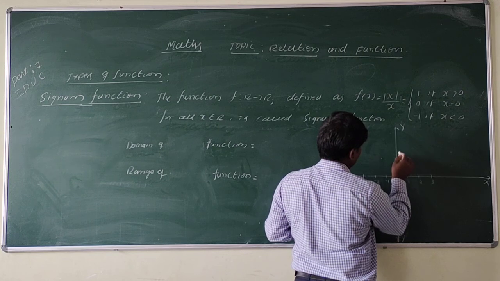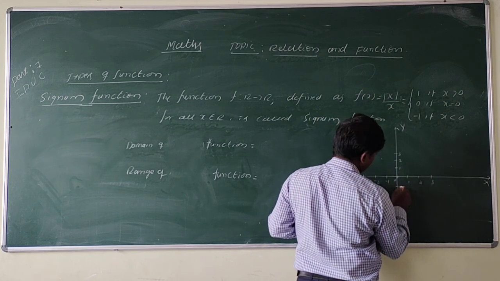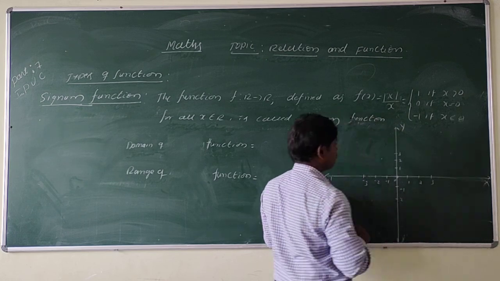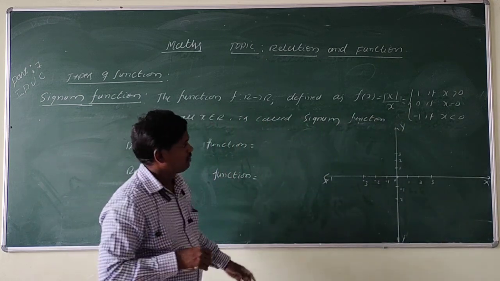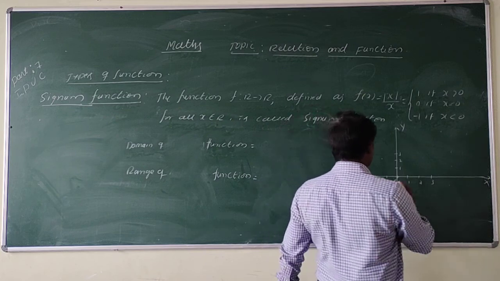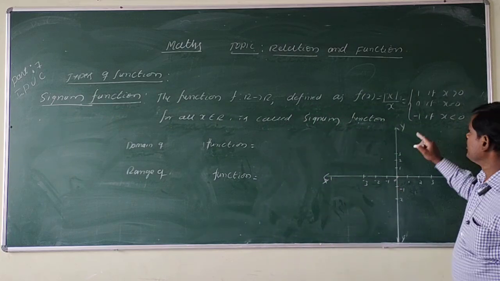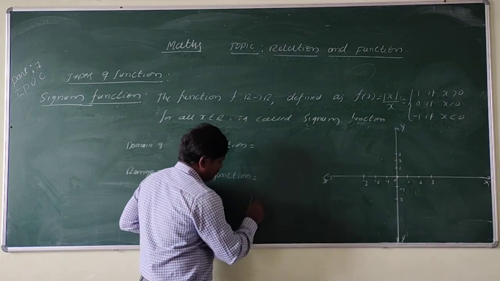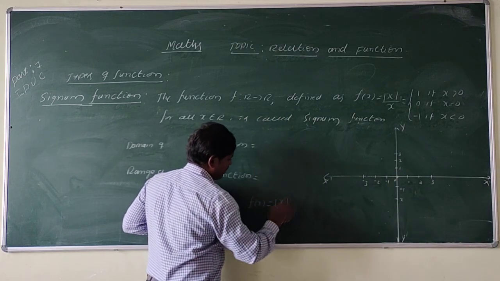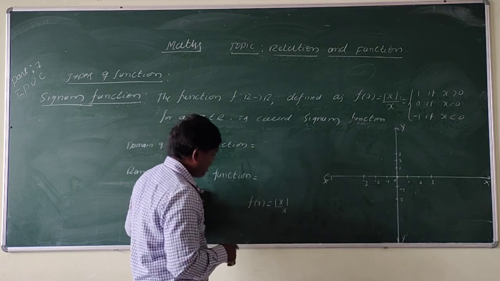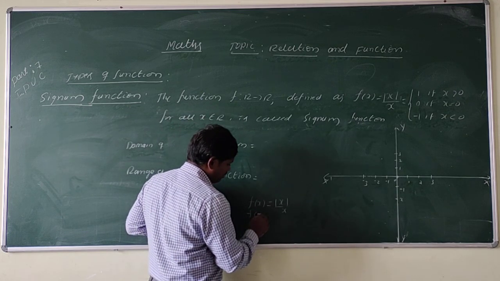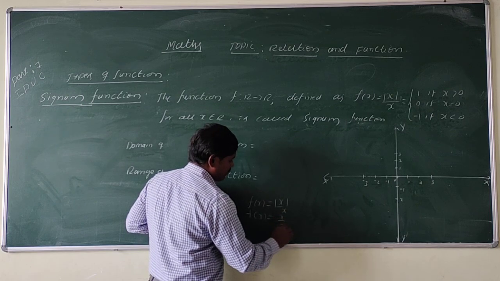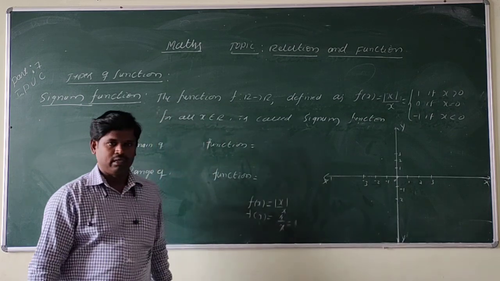So see here, I would like to give some clarification. f of x is equal to mod x by x. If I take f of x, that means x is a positive number, so x divided by x, what do we get? 1.